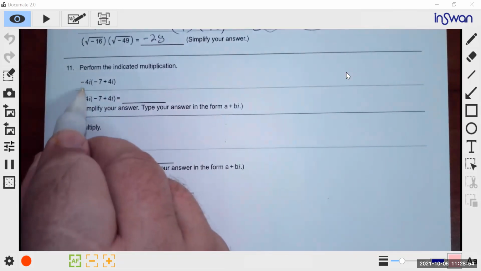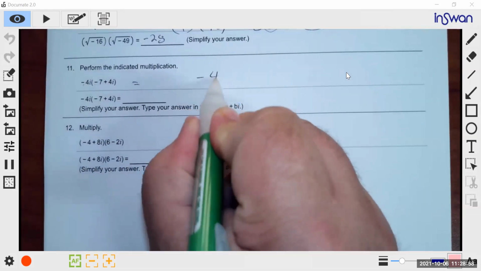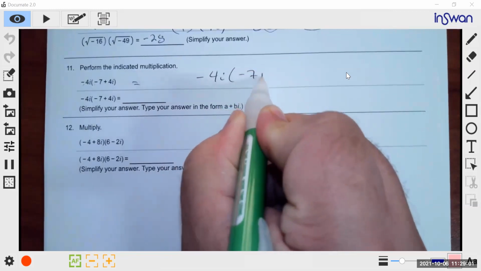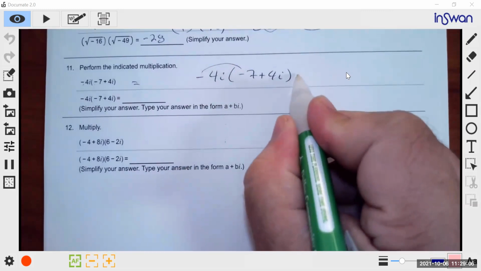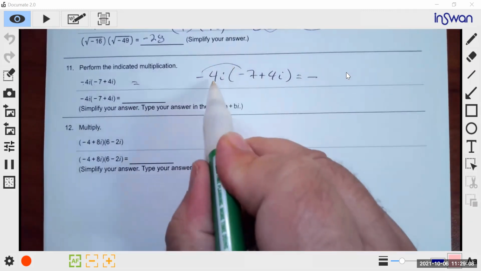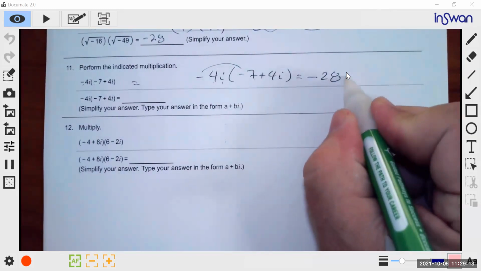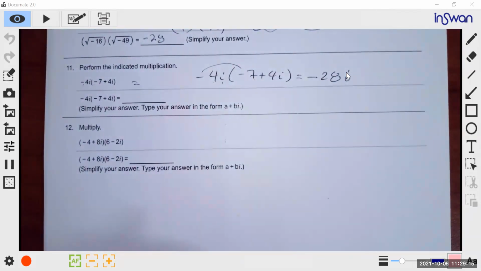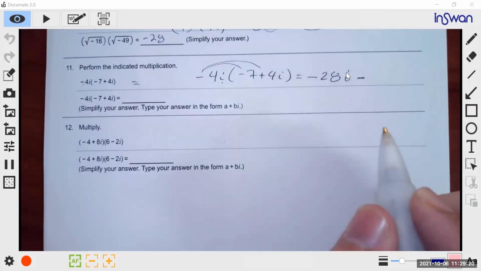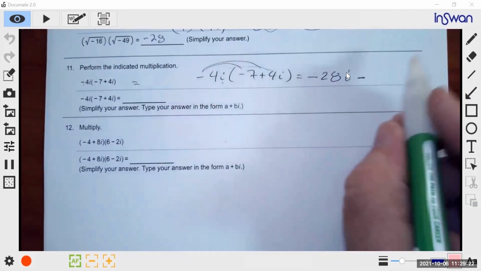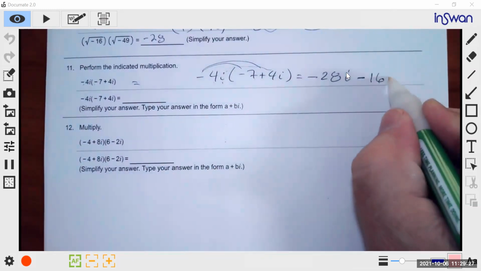Number 11. Negative times negative. Let's see. Negative 4i times negative 7 plus 4i. Negative times negative is a positive. 4 times 7 is 28i. Negative times positive is a negative. 4 times 4 is 16. i times i is i squared.